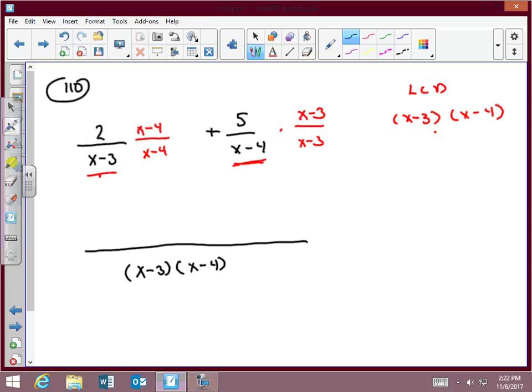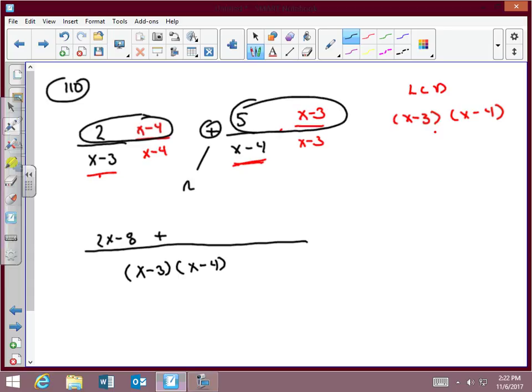So that's your least common. You can write it underneath that common line. Now then, this thing right here is going to be 2x minus 8, right? The plus sign comes down. And then this is 5x minus 15.